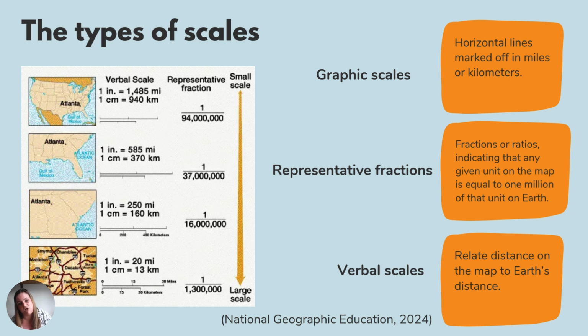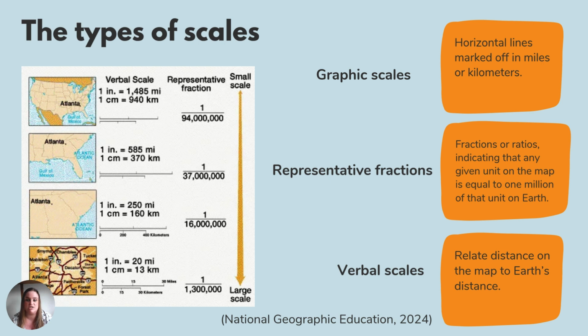On the left, I've included an infographic of the different scales that I have mentioned. So on the very left, we can see the pictures. Now that's a graphic scale. So when we say we use graphic, we use color, we use pictures. So that is an example of a graphic scale. And then we have our example of a verbal scale.